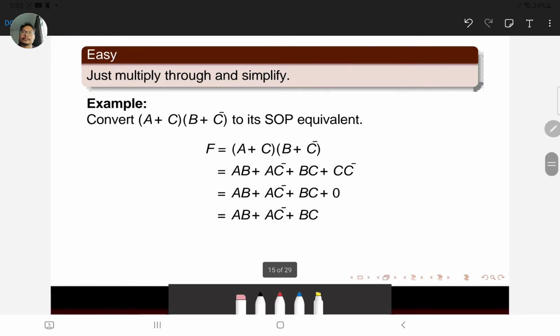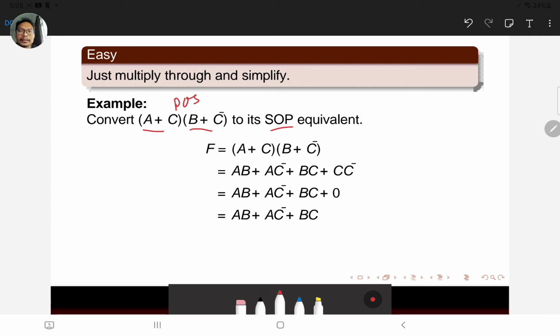So let's have a look at how to convert the POS. Here is a product of sums, and we want to convert to the SOP form. So what is the method? The method is we need to expand first.